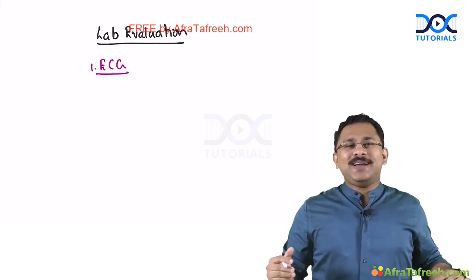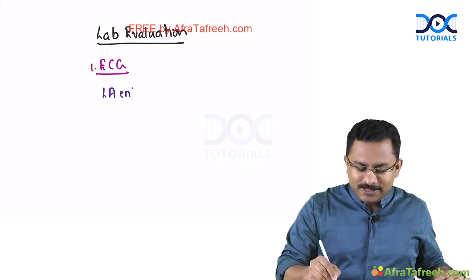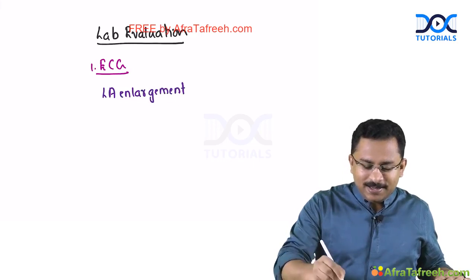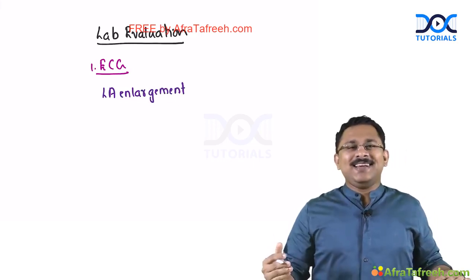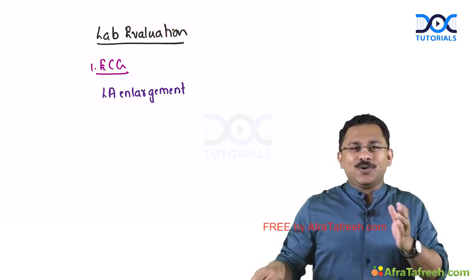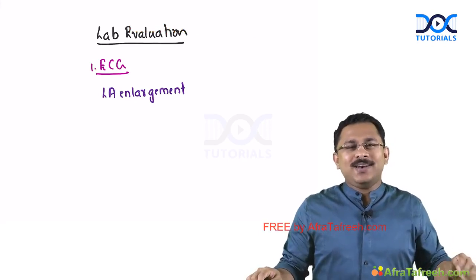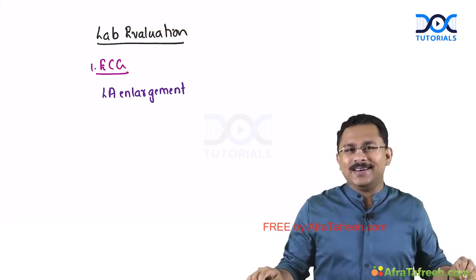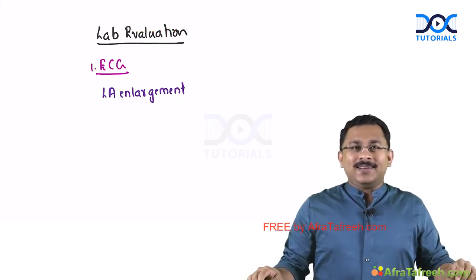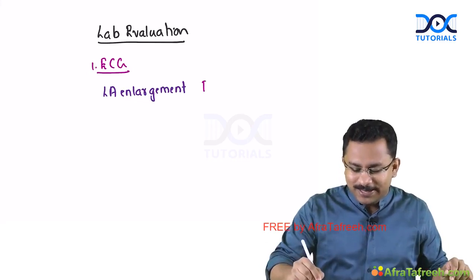In a patient with mitral regurgitation, obviously you are going to get features of LA enlargement. And as we have discussed in the ECG module, whenever you get an LA enlargement, you are going to have a broad P wave with a duration more than 120 milliseconds, best appreciated in lead V1, with notching also, and this is what is called a P mitral.